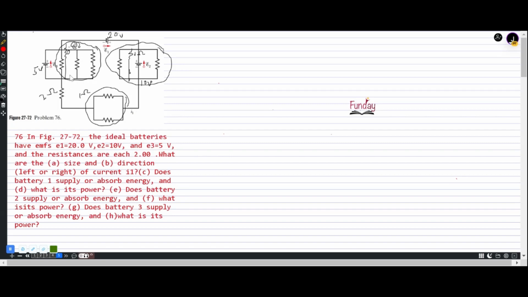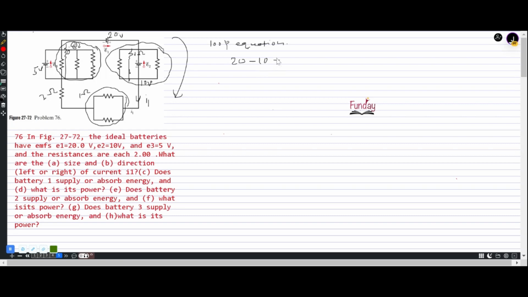Now I1 is the direction of the current given from E1. We'll write the loop equation for this loop. We'll start clockwise from the 20 volts E1 battery. So that is 20 minus 10, because we are going from positive to negative, and in case of the 5 volt battery we are going from negative to positive, so that will be plus 5.